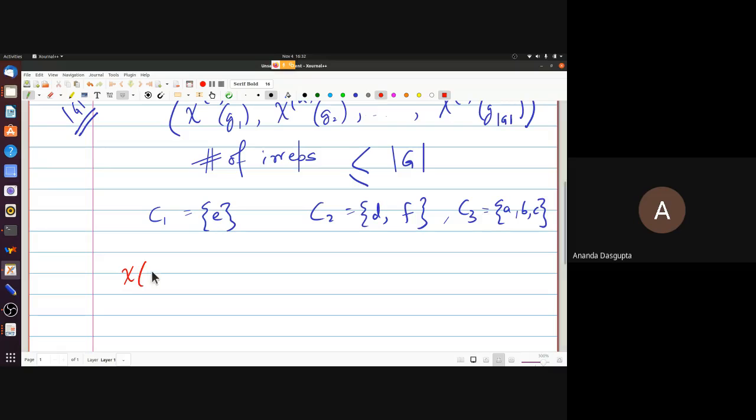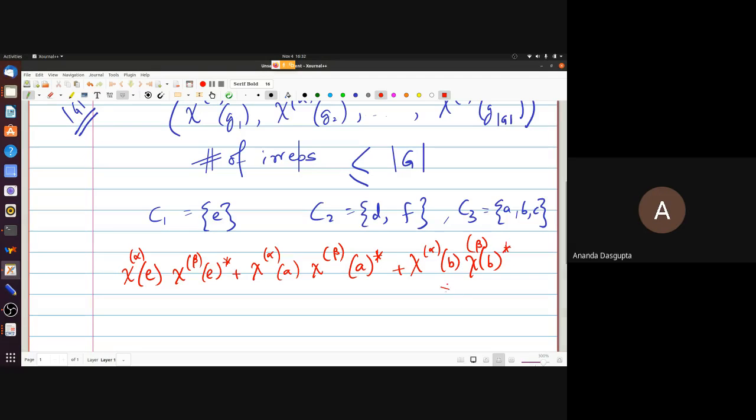So what we were saying right now is something like this: chi alpha E, chi beta E star, plus chi alpha A, chi beta A star, plus chi alpha B, chi beta B star, and so on and so forth. For all the 6 terms, this was delta alpha beta into mod G, which is of course 6.